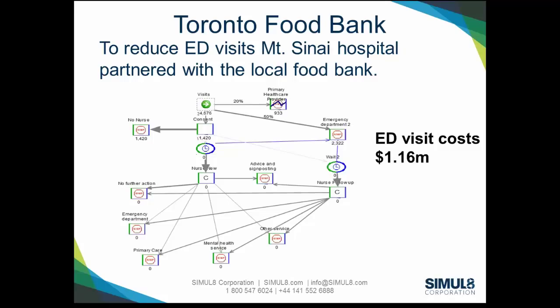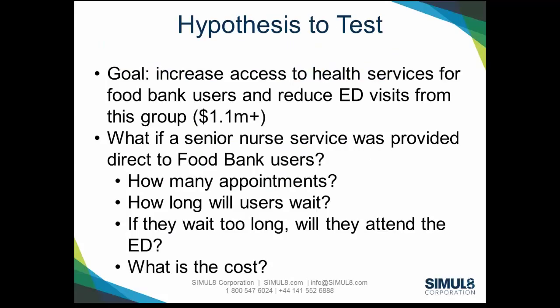But if a nurse was able to provide that primary care, what would be the impact? So looking at the baseline, we could see that the emergency department visits cost just over $1 million. And the hypothesis was that if you had more nurses, then you would be able to reduce those number of emergency department visits. But they wanted to have some evidence of that before starting to invest.